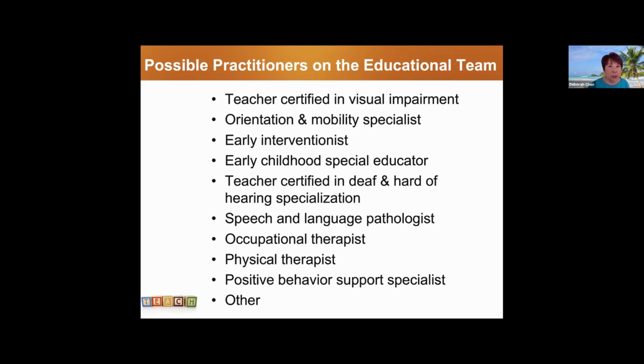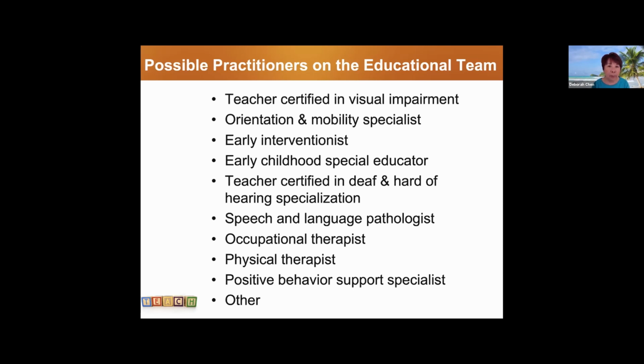We know that when children have CVI, there may be many practitioners on the educational team, and I've just put some of these down. The teacher certified in visual impairment, the orientation and mobility specialist, an early interventionist, and an early childhood special educator from a different discipline.